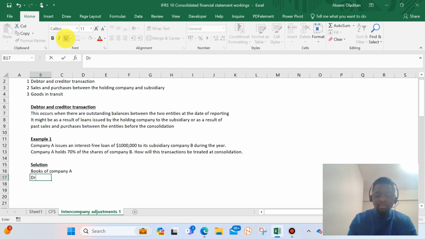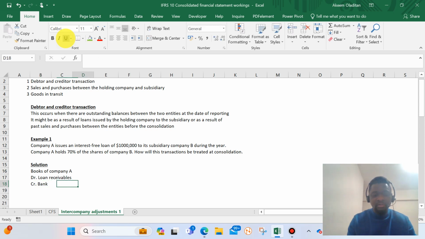it debits loan receivable and credits bank, because the loan has been given out, $1 million. This is debit, this is credit.